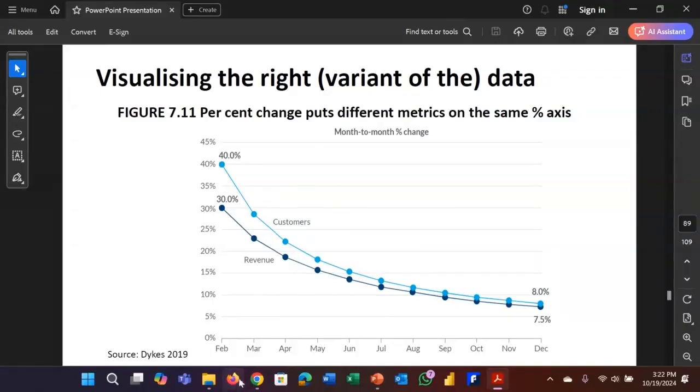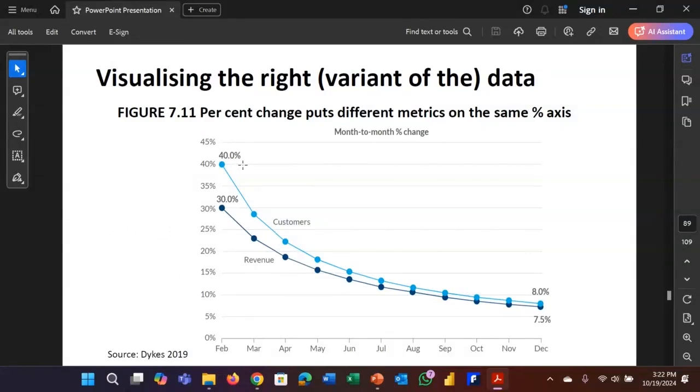So you can see from February you got 30% change in revenue, but your customers increased by 40%. Which means the higher percentage increase in customers doesn't bring up the revenue as expected. So you say if I have a 10% increase in customers, I should get a 10% increase in revenue.